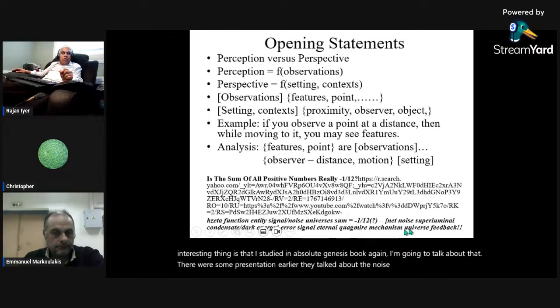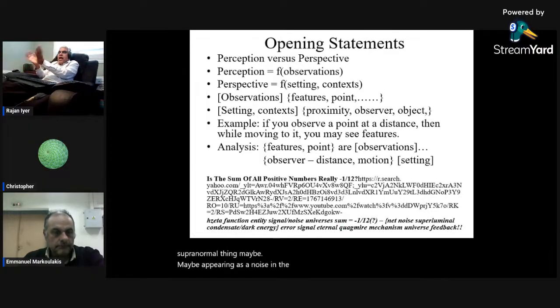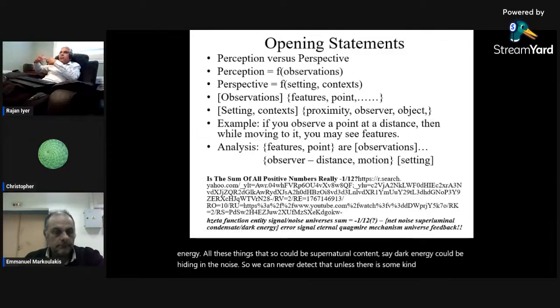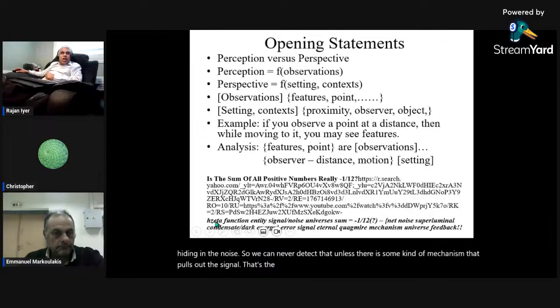So the superluminal thing may be appearing as noise, in the sense that maybe that's where dark matter and dark energy are hiding. So a superluminal condensate, dark energy, could be hiding in the noise. So we can never detect that unless there is some kind of mechanism that pulls out the signal. That's the whole idea.